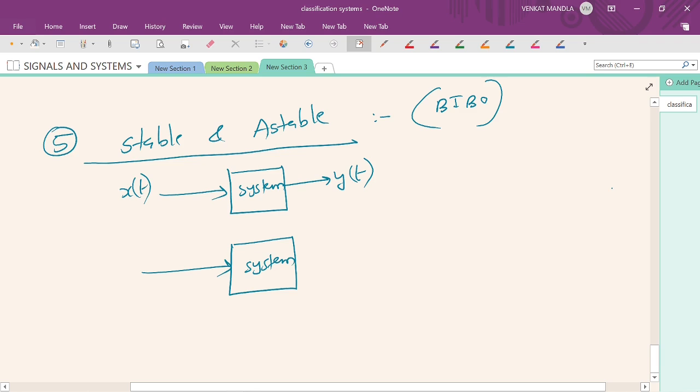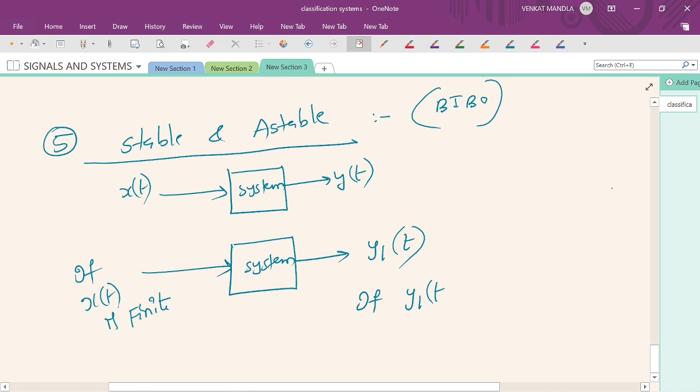If x of t is finite, I got some output as y of t. If this y of t is also finite, then the system is BIBO stable.